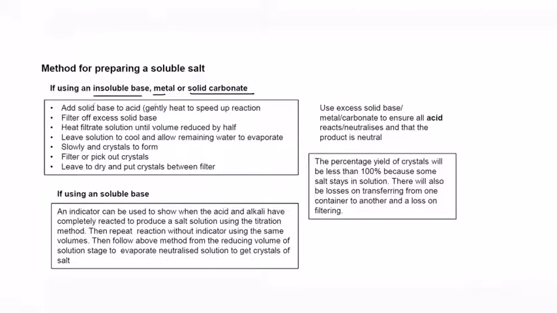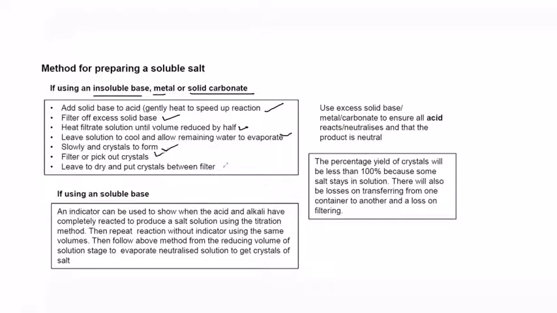So first we add a solid base to the acid, filter off the excess solid base or metal carbonate, then heat the filtrate solution until the volume is reduced to half, and then we cool down the solution and leave it, allowing the remaining water to evaporate slowly and crystals to form.